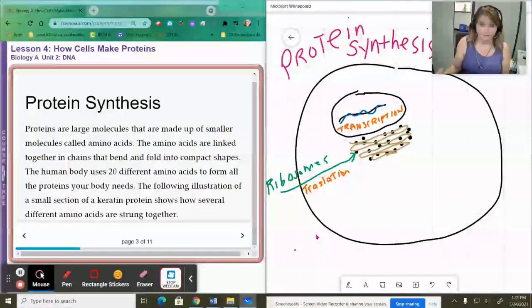Transcription is where DNA is read and messenger RNA is made.